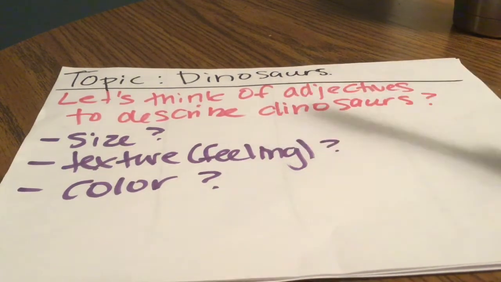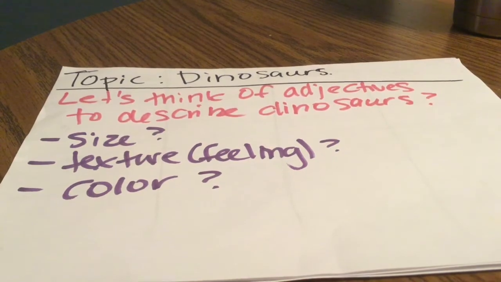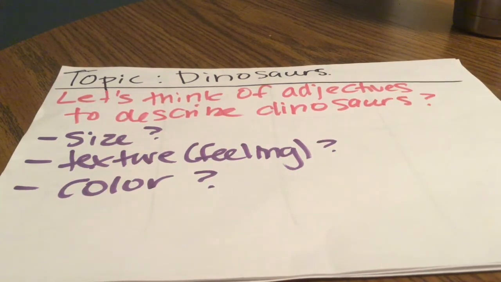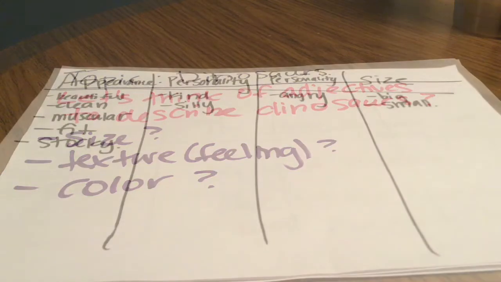Then the next one is texture, or feeling, if they don't know what texture is. Like I provided in the last video, it's scaly, spiky, smooth to describe the dinosaur. And then the last one is color, and that's the biggest one that they will probably be able to know. That's red, blue, green, any other colors that you can think of when describing the dinosaurs.